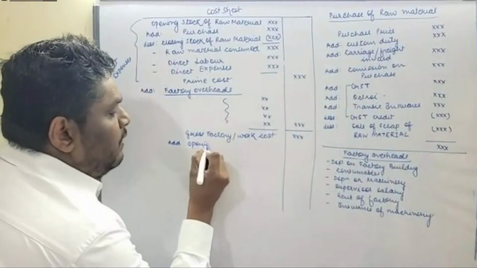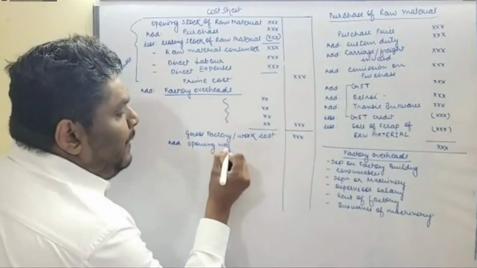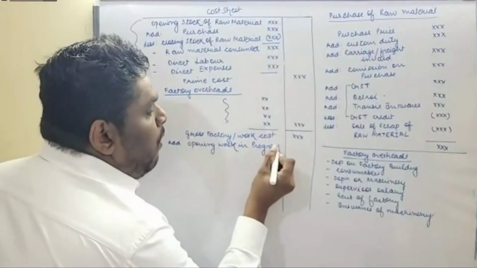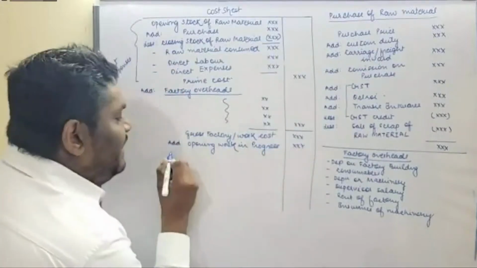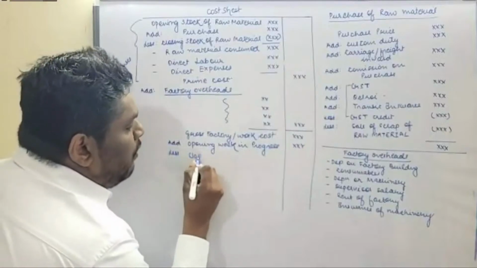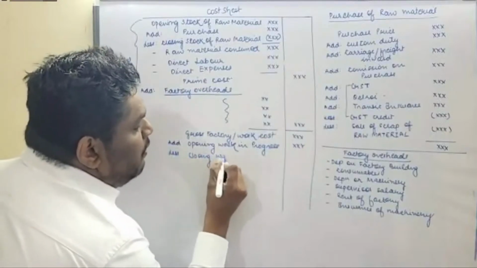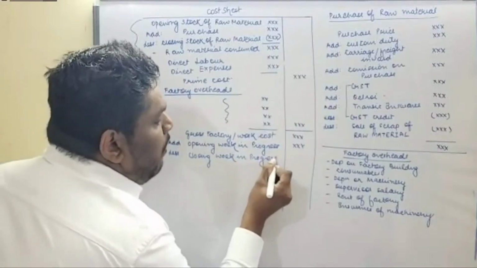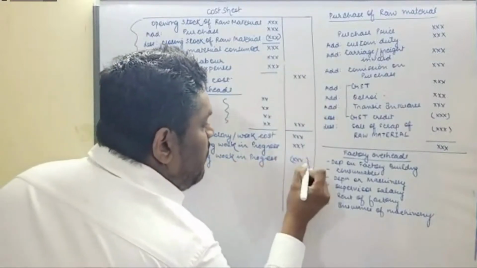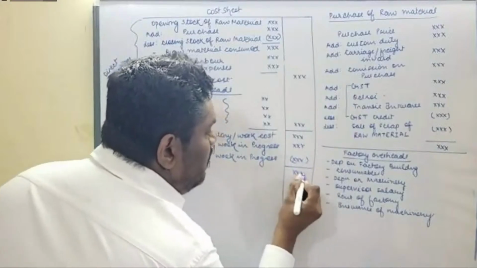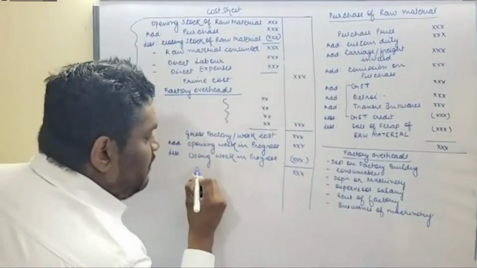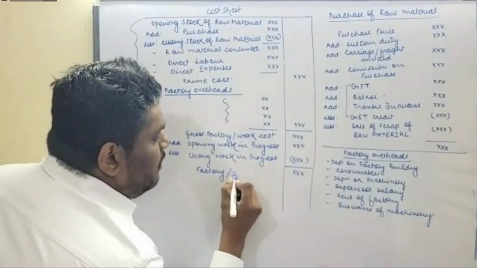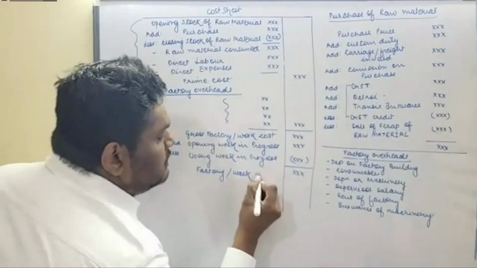We will add opening work in progress and we will deduct closing work in progress. This is how we will get the factory cost or work cost.